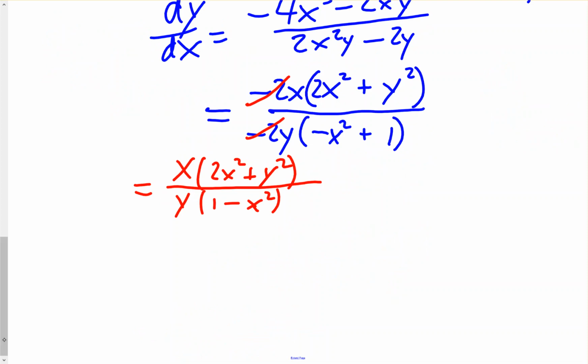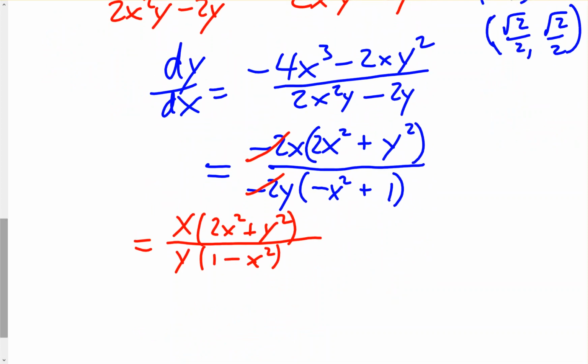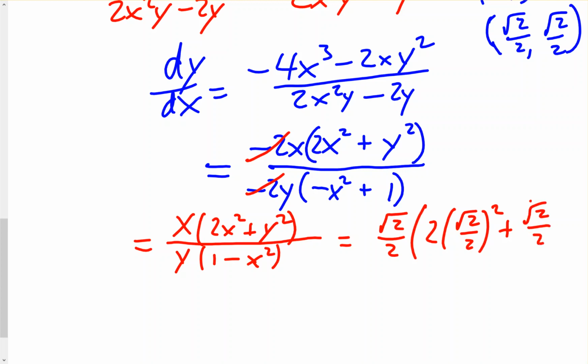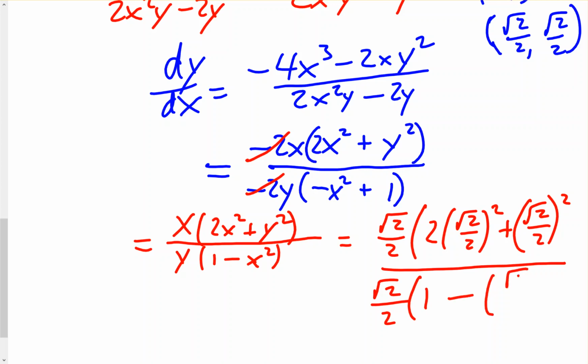Now we could plug in our x and our y. So we have square root 2 over 2 times 2 times square root 2 over 2 squared plus square root 2 over 2 squared, over square root 2 over 2 times 1 minus square root 2 over 2 squared.